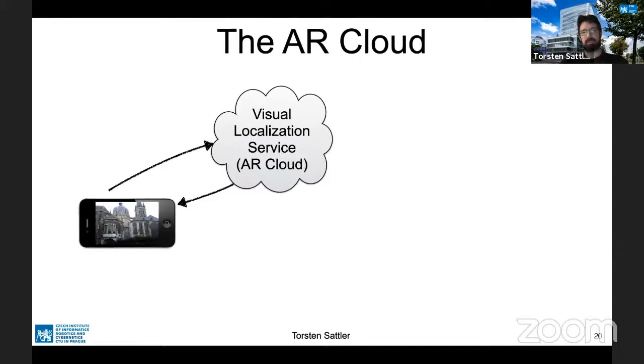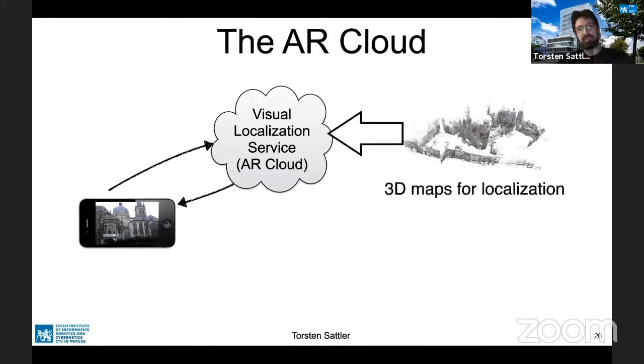The idea is that there's a cloud-based service where people can send images, video streams, and this service will run visual localization and give them a camera pose, and then potentially also directly do augmentation in the images in the form of augmented or mixed reality.